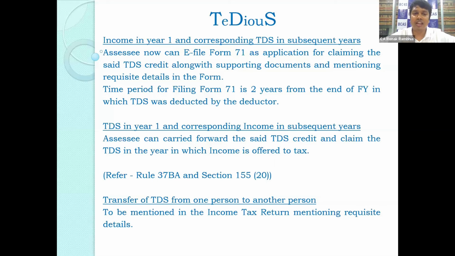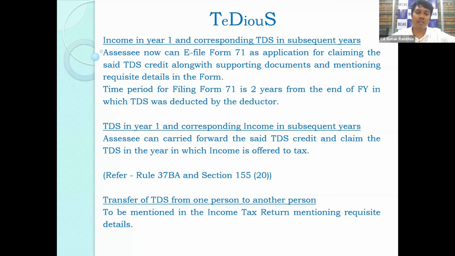The assessee can now e-file Form 71 as an application for claiming the said TDS credit, along with supporting documents and mentioning the requisite details in the form. The income tax portal is required to reprocess that return and give an intimation under section 154 with the correct TDS credit.